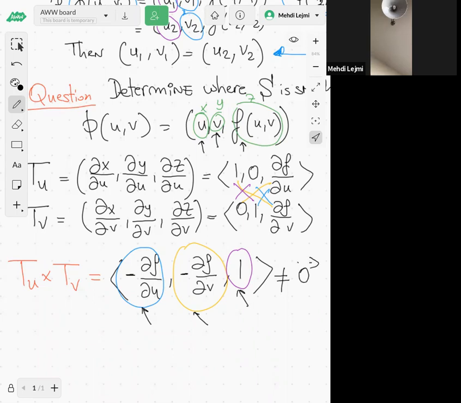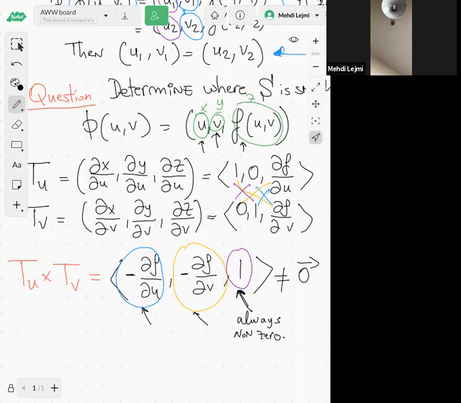It doesn't matter what the values of u and v are, because the last component is always 1, which is non-zero.